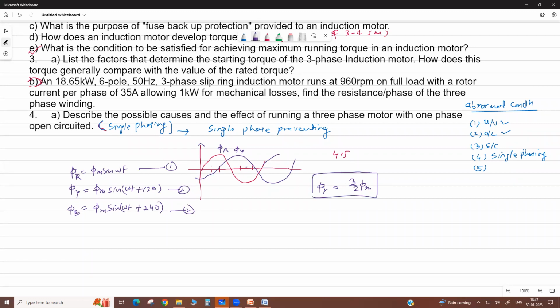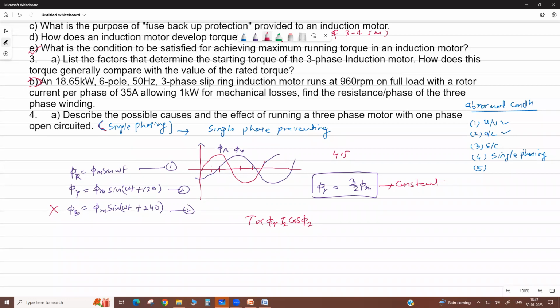But suppose this B phase is absent, then there is only two-phase flux. With three phases the magnitude is constant, but with only two phases it is not constant. The torque produced by the motor is directly proportional to the flux, rotor current and rotor circuit power factor.